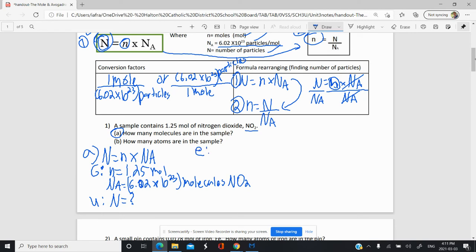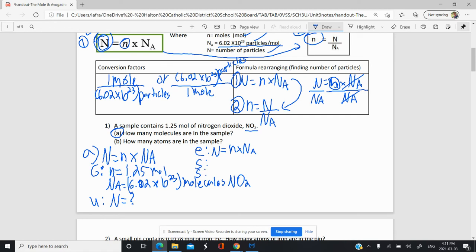So I put E for equation. And so to find that equation, I do N is equal to n times Na. That's my equation. And my last step is really to solve and find the solution. So substitute and solve are my S's.